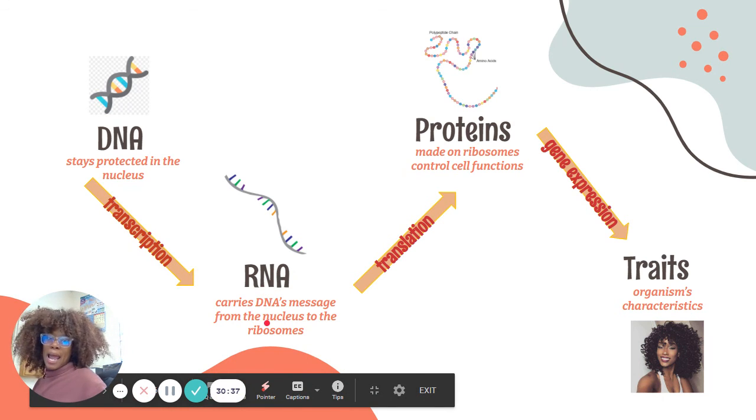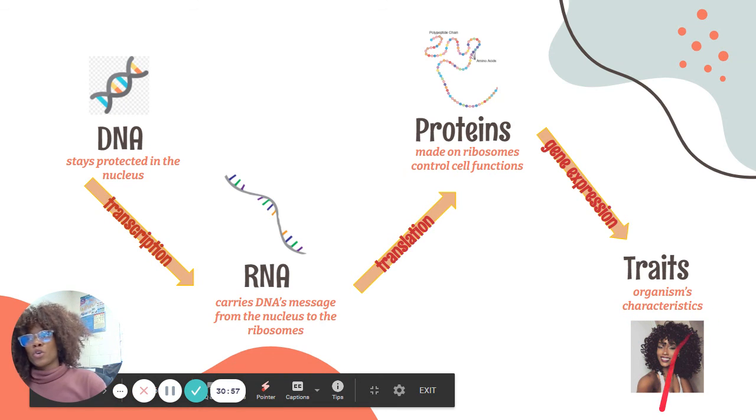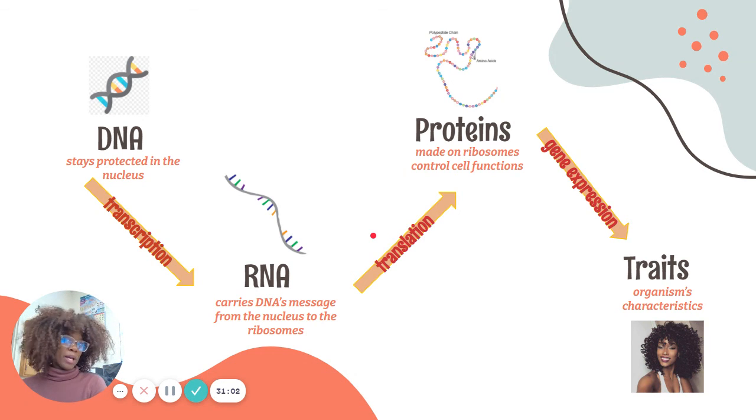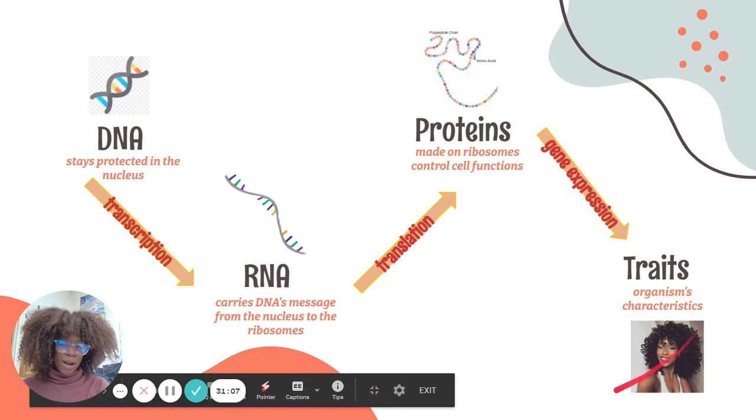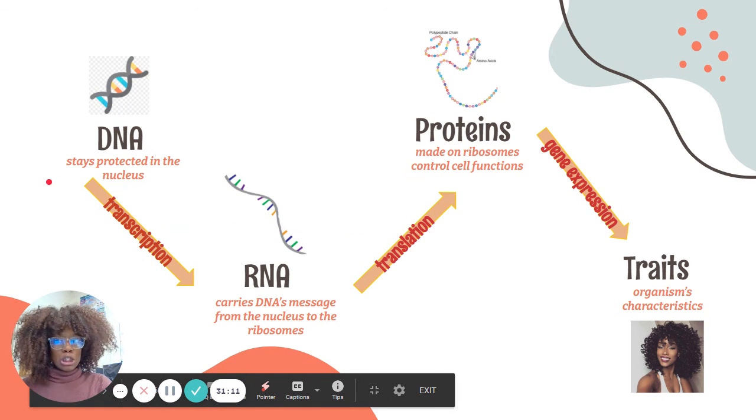RNA is translated into amino acid proteins, and those proteins actually control cell functions. Then those proteins undergo what's called gene expression, which we'll get to much later in the year. They control your traits, your organism's characteristics, so whether your hair is curly, whether you're tall, whether your eyes are blue, whatever it may be, your genes get expressed. So this is the central dogma, the law of life, also known as protein synthesis, also known as both transcription and translation.